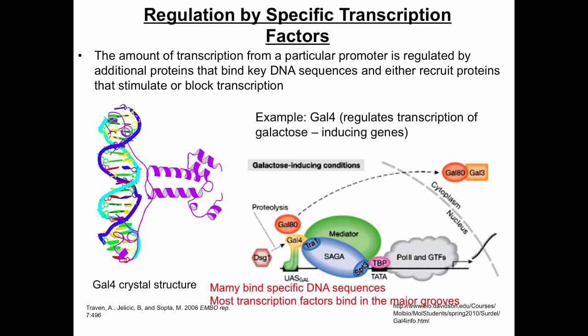And so many transcription factors bind specific DNA sequences. And again, most transcription factors actually bind in the major groove of the DNA. Why would they bind into the major groove, do you think, versus the minor groove of DNA?